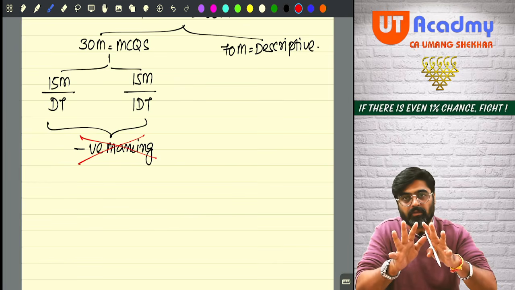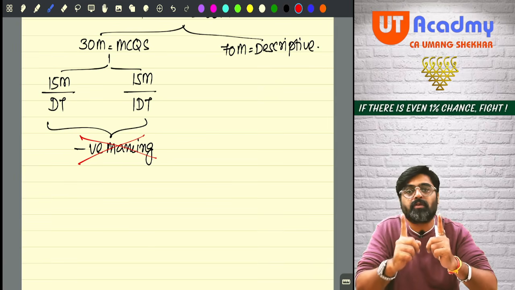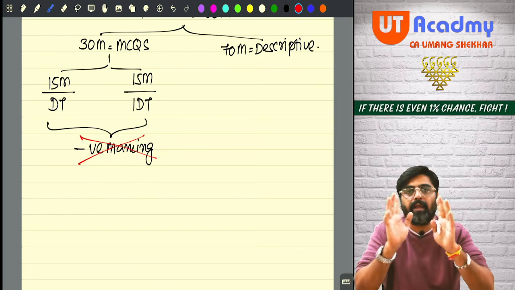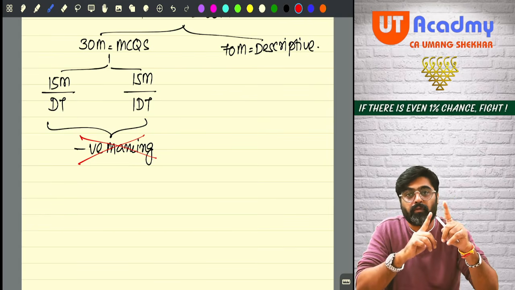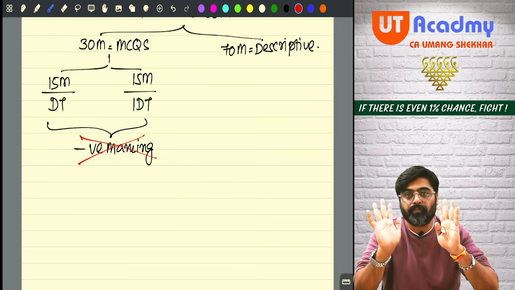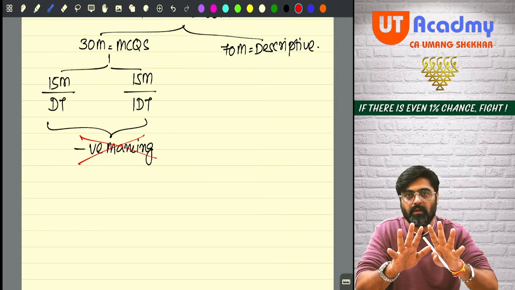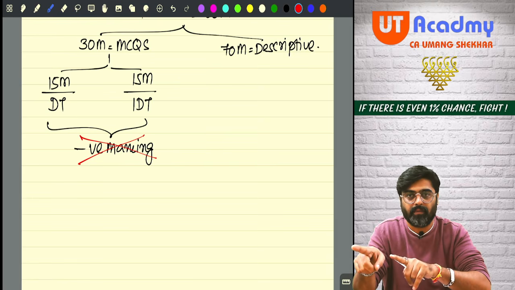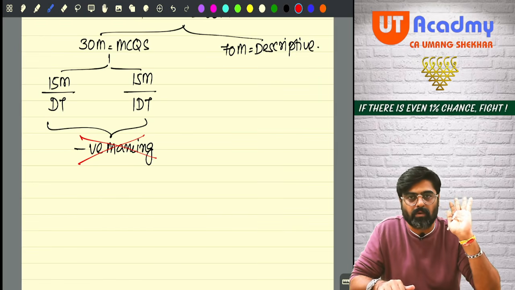But trust me on this, if you have attended the lectures properly for both DT and IDT, and if you are having conceptual clarity, people are scoring 30 on 30 in MCQs. Out of 30, they are scoring 25, 28 marks also in MCQs. But for that, you need to attend the lectures properly and have that conceptual clarity. But negative marking is not there. Be assured about that.